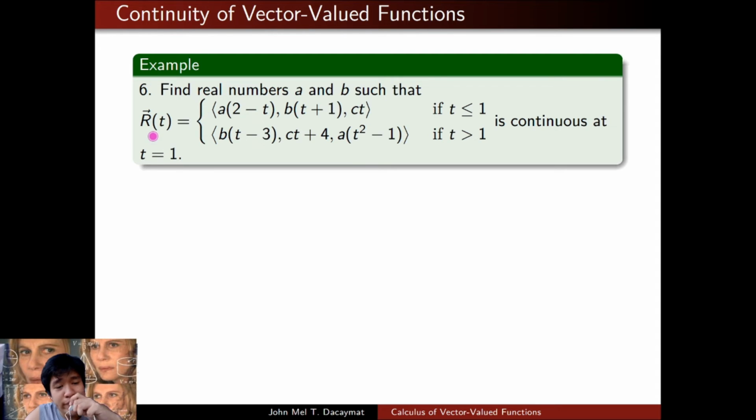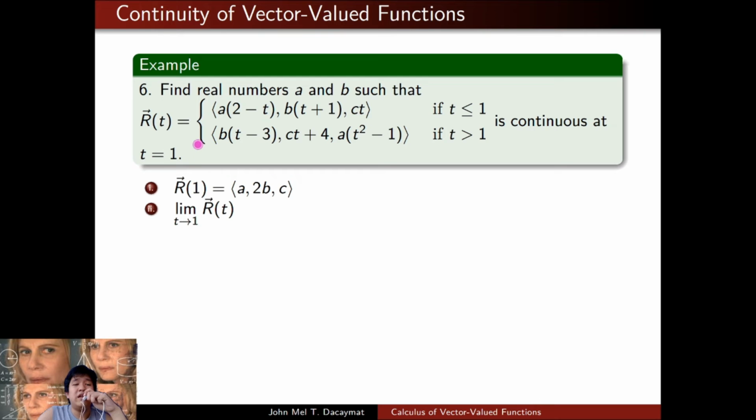So we have to establish the three conditions. Game. Una, we want r of 1 to exist, but if you try to plug in 1 falls here, so we use this one. If you try to replace t with 1, first component becomes a, second component becomes 2b, third component becomes c.